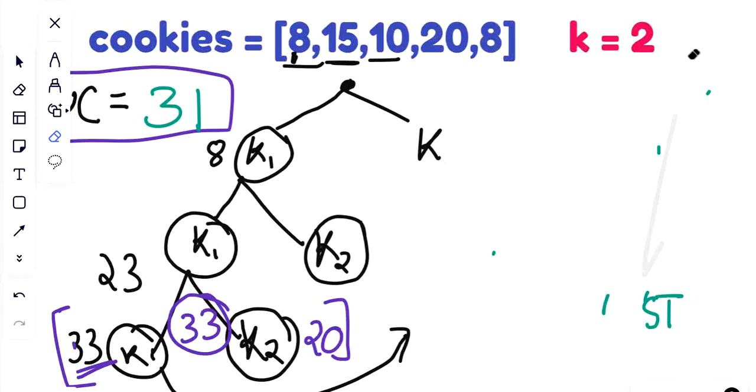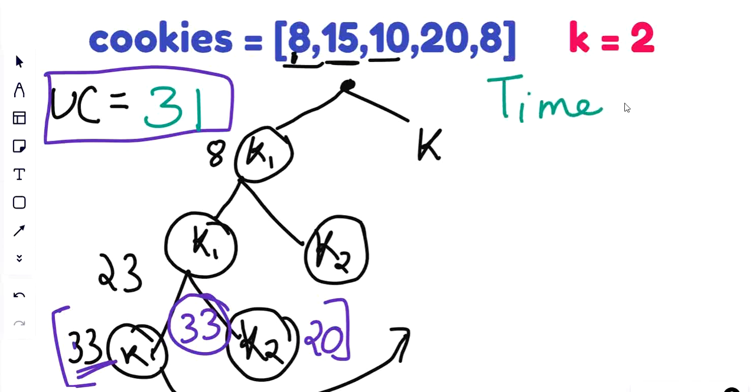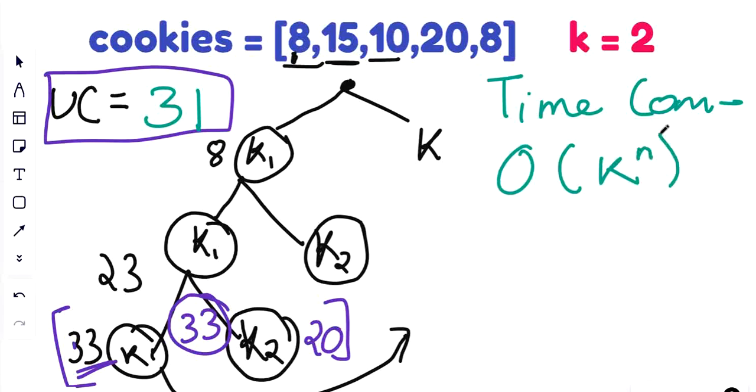As we already saw that we are using a recursive function, the time complexity of this function is going to be big O of k to the power n. Why?